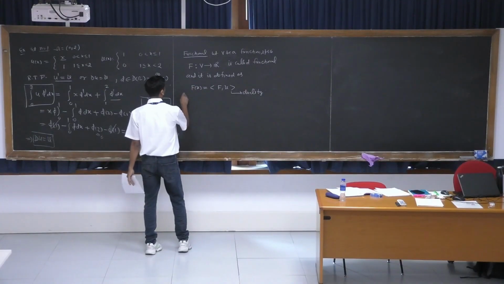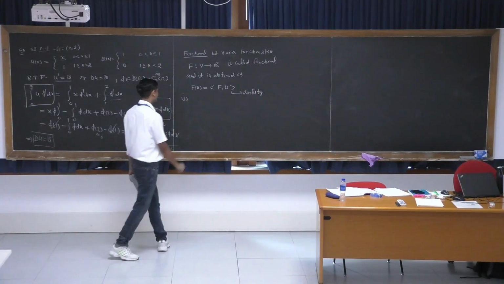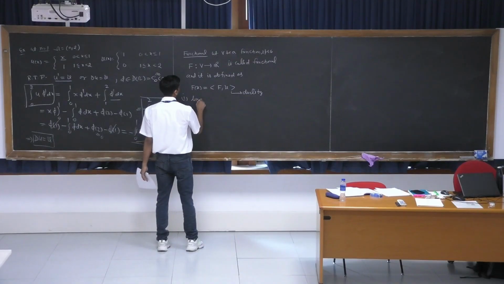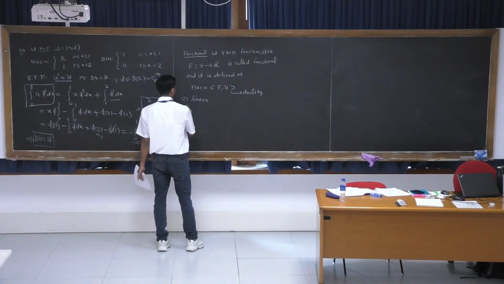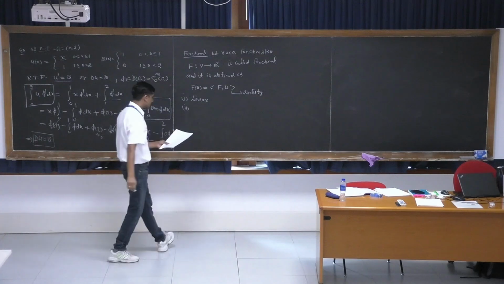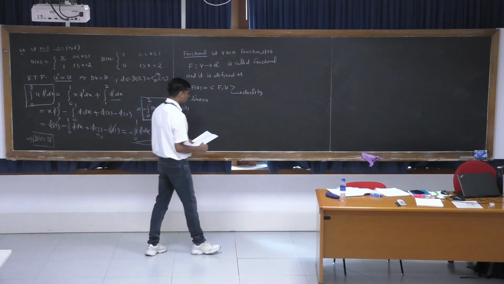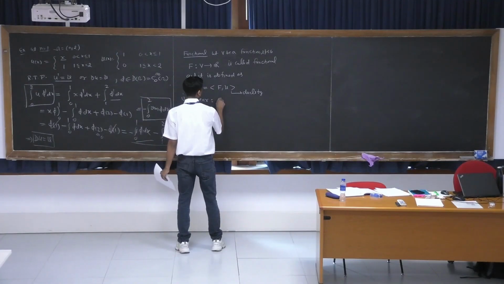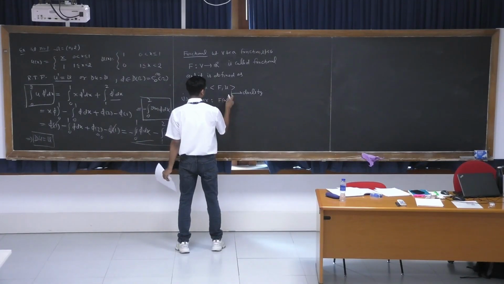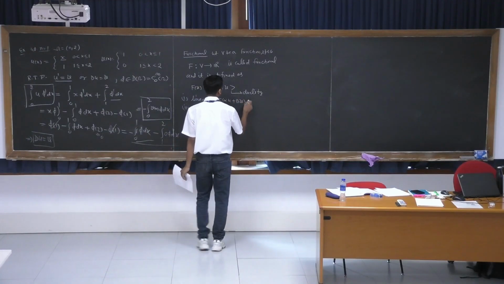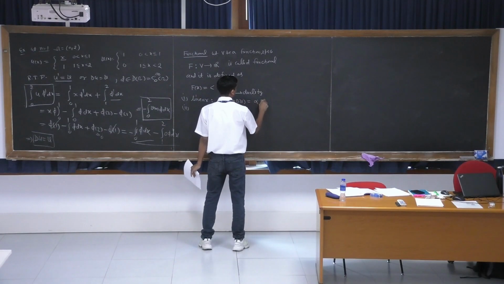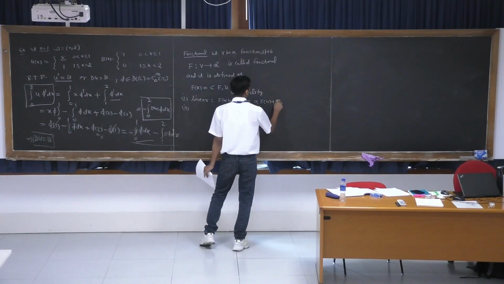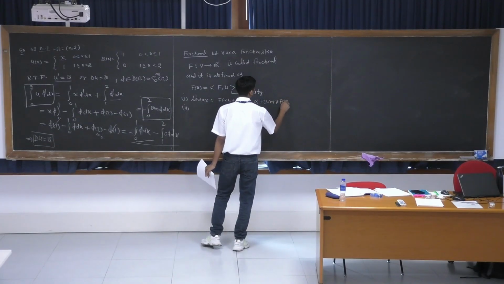So there are two properties of this functional. First, this is linear. Second, this is continuous. For linearity, you have to prove that alpha u plus beta v, that is equal to alpha f of u plus beta f of v.